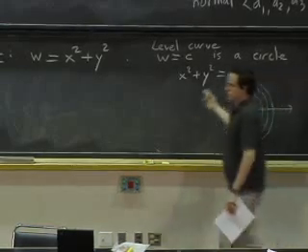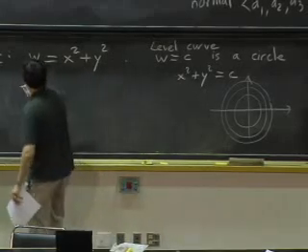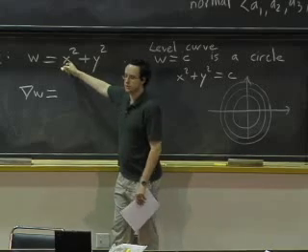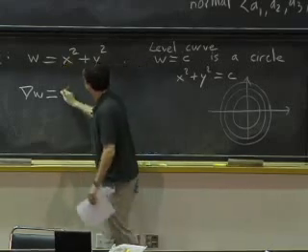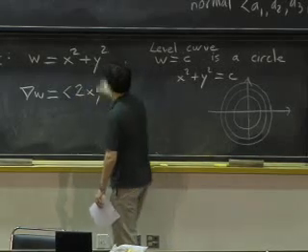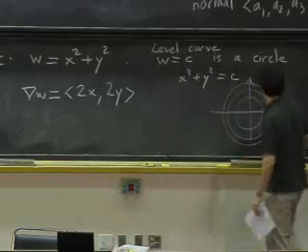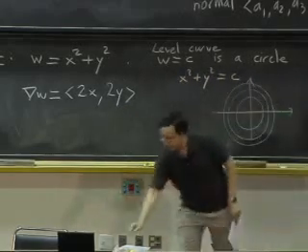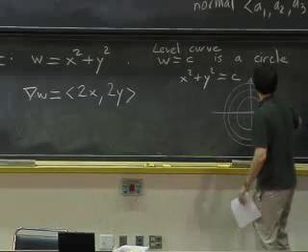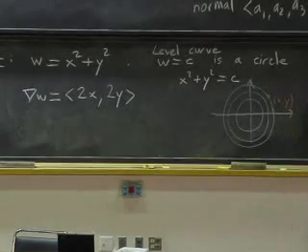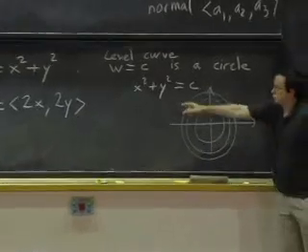Now, what's the gradient vector? Well, the gradient of this function: partial w partial x is 2x, and partial w partial y is 2y. So let's say I take a point (x, y), and I try to draw my gradient vector. So here at (x, y), I have to draw the vector (2x, 2y).